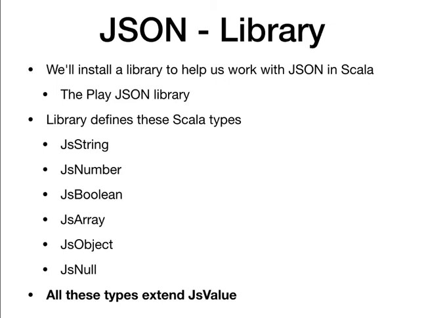The Play JSON library has types exactly matching the JSON types: JsString, JsNumber, JsBoolean, JsArray, JsObject, JsNull. We have a type for every single one of the JSON types, and they all extend JsValue. So we can work with JSON values and not care which one of the 6 actual types it is. We're just going to work with JSON values.